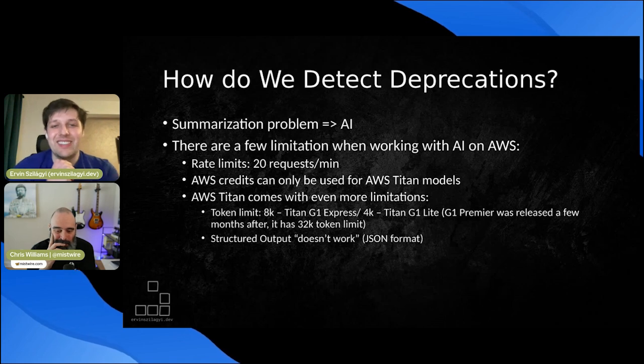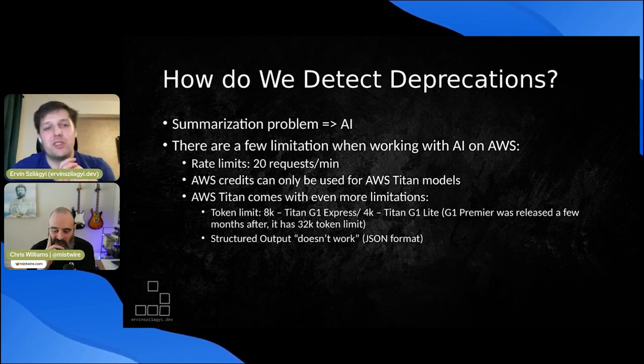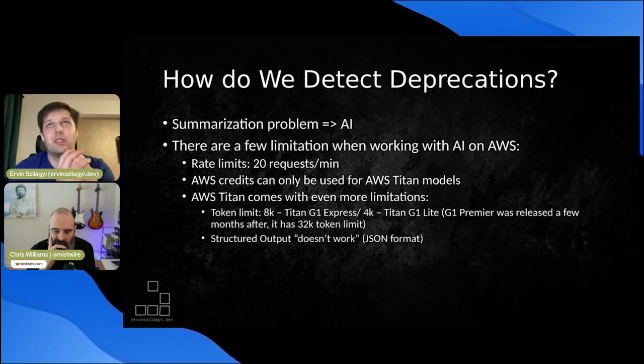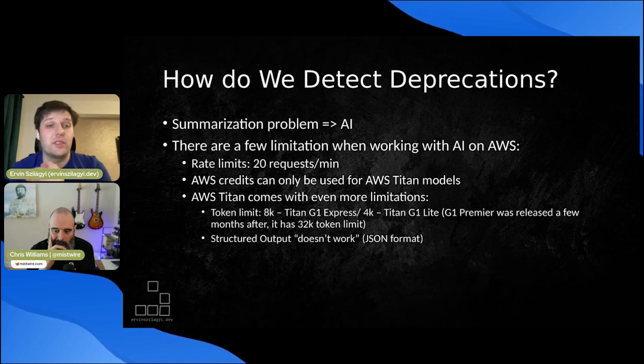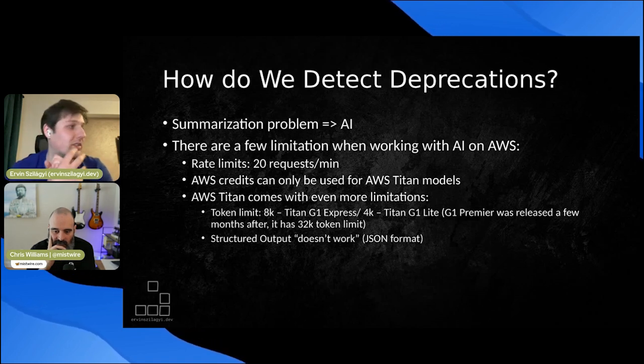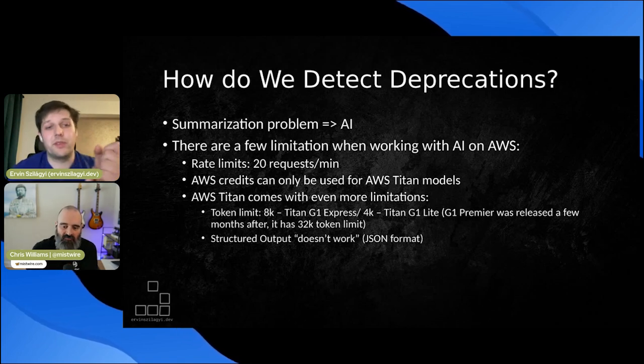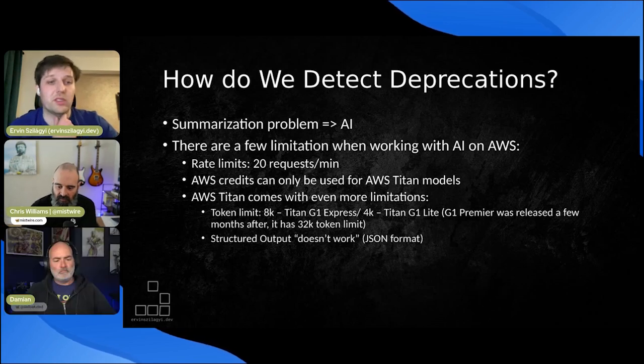Okay. So the question is, how do we detect deprecation? Essentially, that's a summarization problem for AI. You can think that we can avoid that and look for certain keywords, but that doesn't work all the time. In certain cases, AWS is pretty upfront that a certain service is deprecated and you should move to something else.